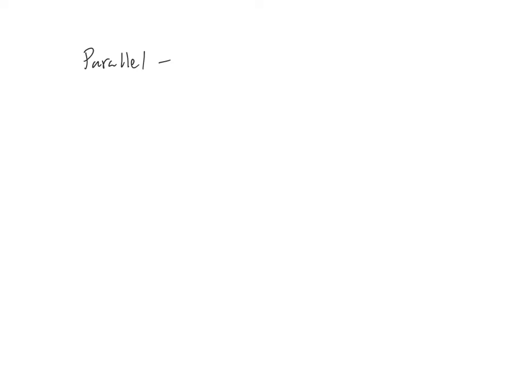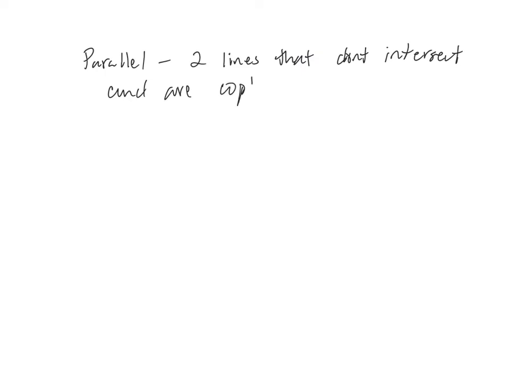But so parallel lines are 2 lines that don't intersect, is the formal mathematical word, and are coplanar. They have to be in the same plane to be parallel.